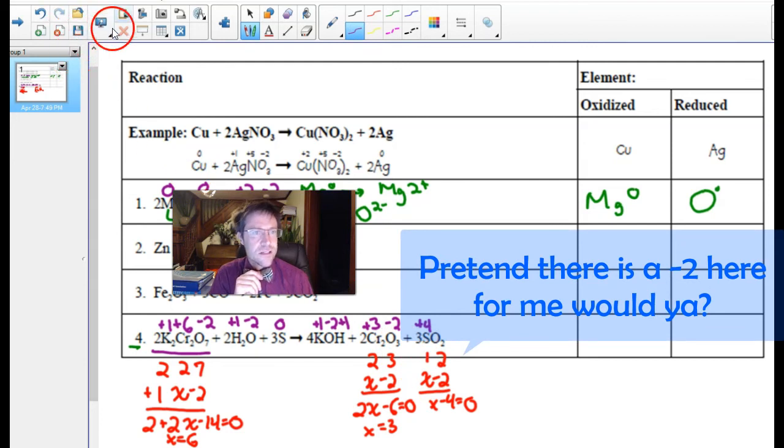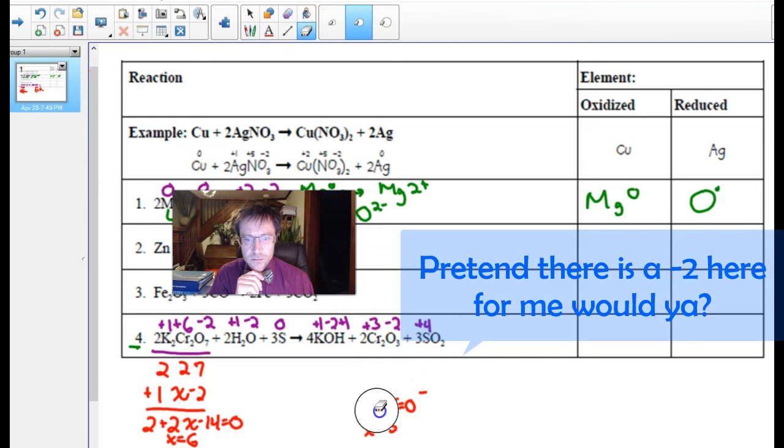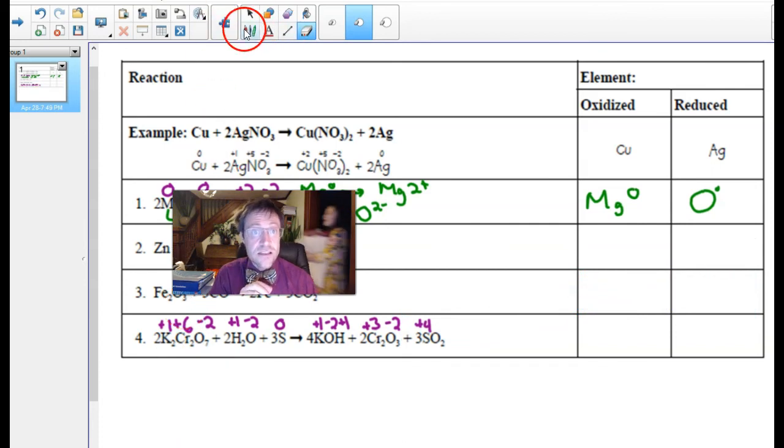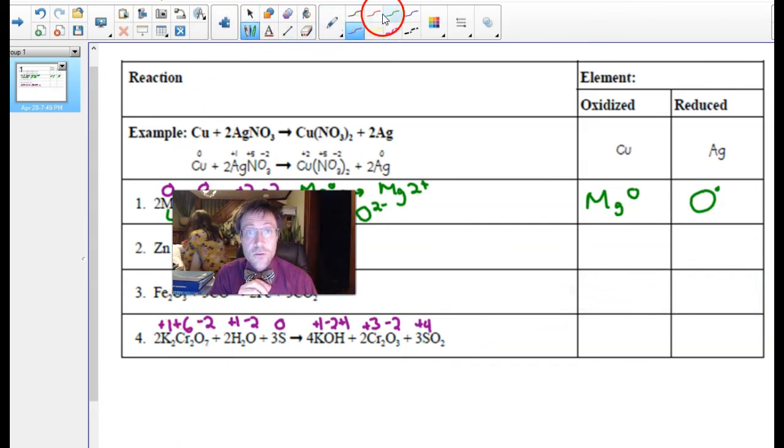All right, so what do I need to do next here? First, I'm going to clean this stuff up here. Now what I do is I'm just going to go through and look for stuff that changed. Potassium +1, potassium +1. Chromium +6, chromium +3. Oh, there's a change.